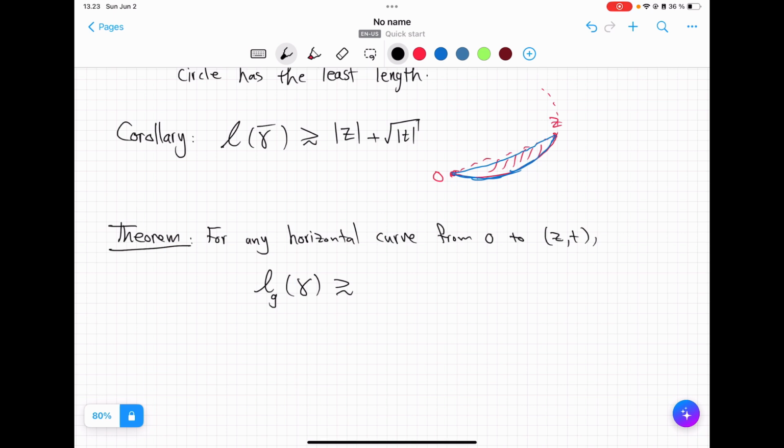So this wiggly sign, that means there is a constant c, not depending on z or t at all, so that this is more than c times absolute value of z plus square root of t.